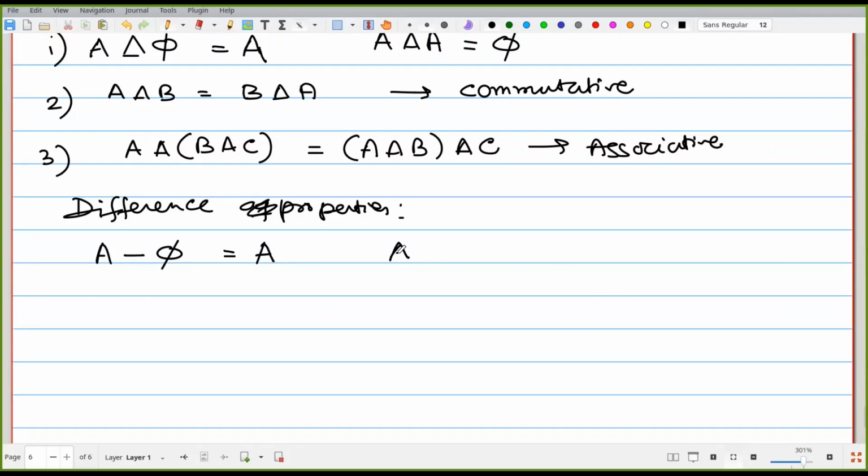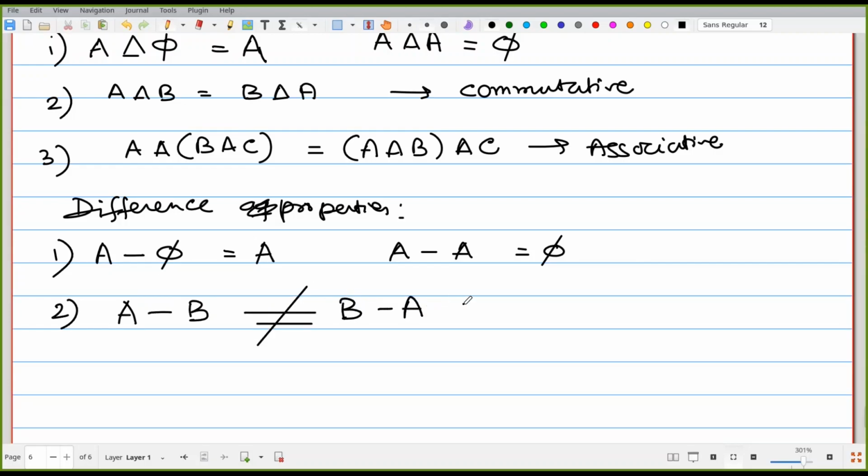And once again, if we have A minus A, that means all the common elements are the same elements of set A, so we are getting the phi. So that is the first one.